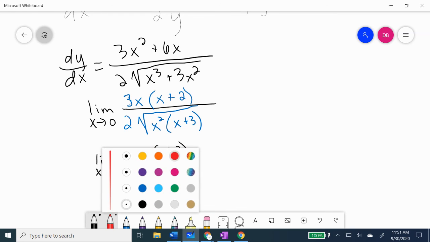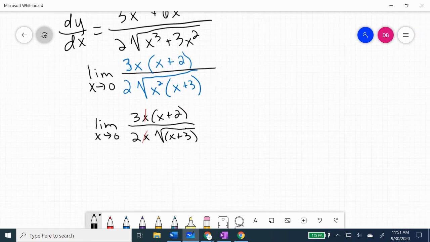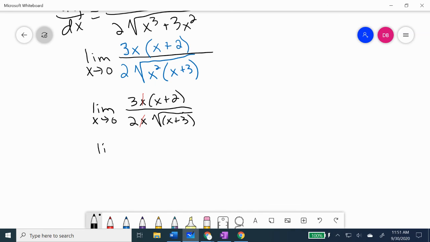So I do get a nice lovely little cancellation of these x's, leaving me with the limit as x approaches 0 of 3 over 2 and I no longer have 0 over 0.